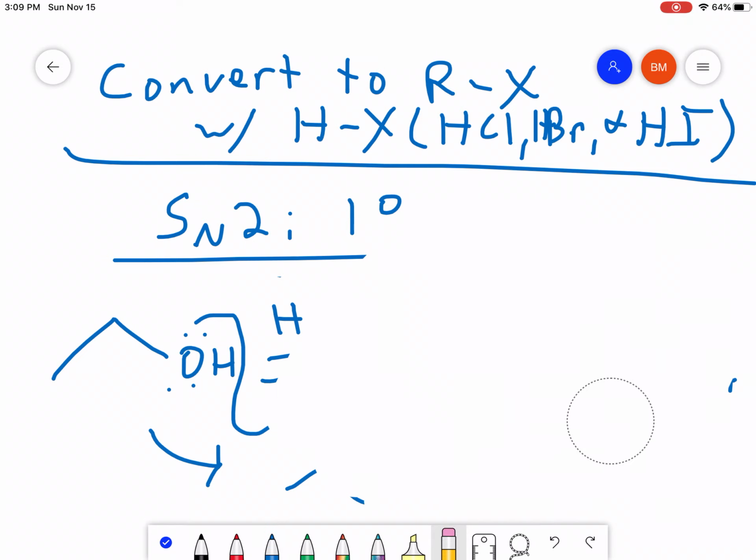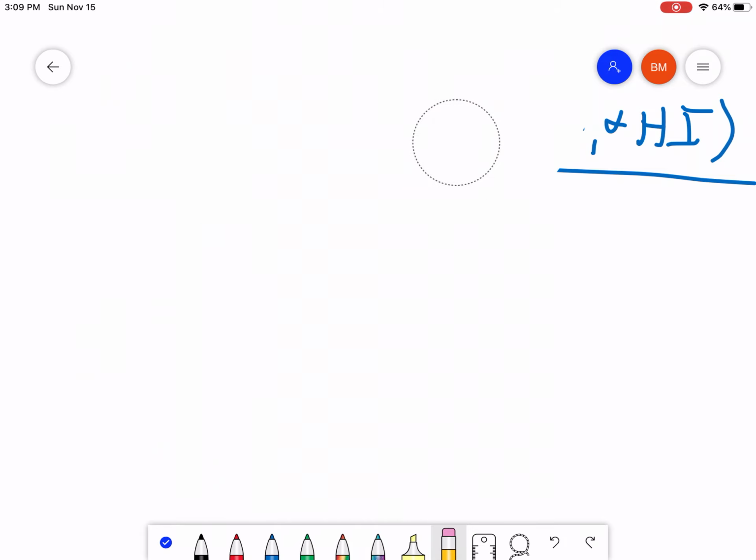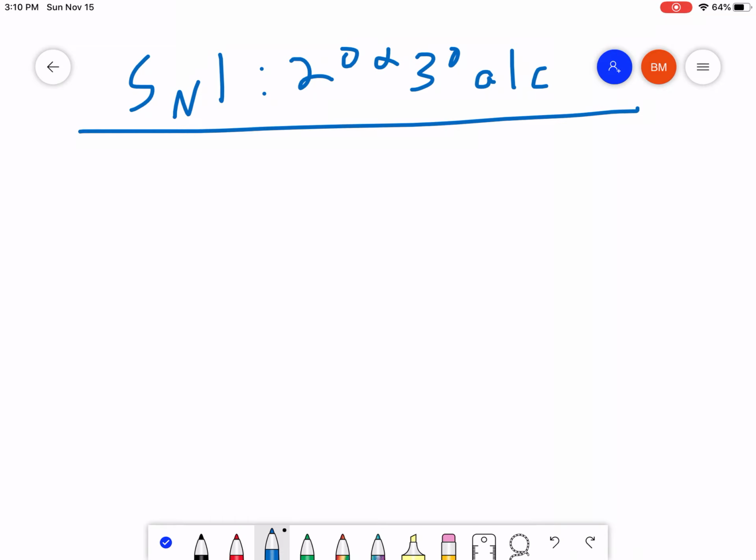All right, and that's really all there is to the SN2 reactions here. Now, of course, as we get into SN1, those are a little bit more complicated. SN1, just like E1, works with secondary and tertiary alcohols.